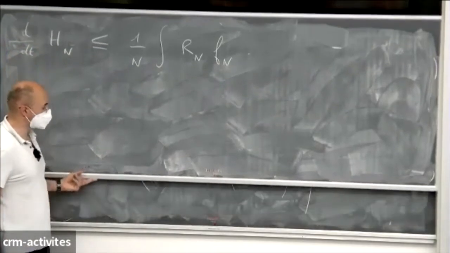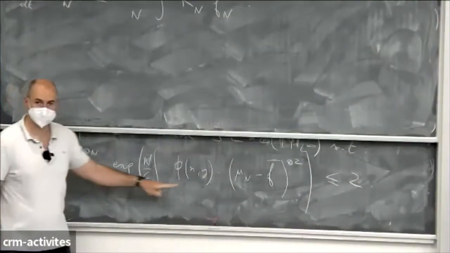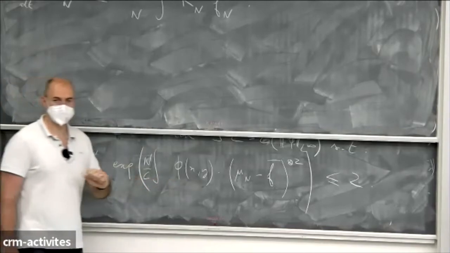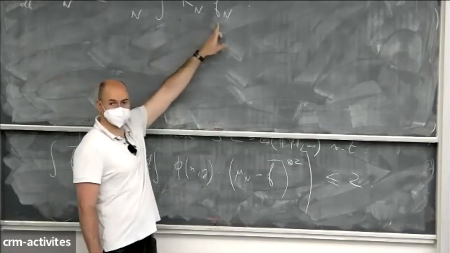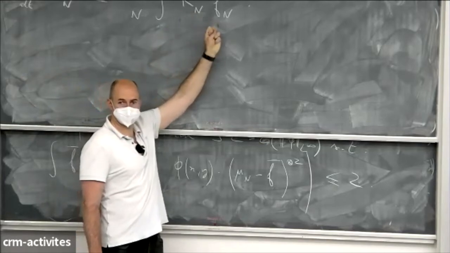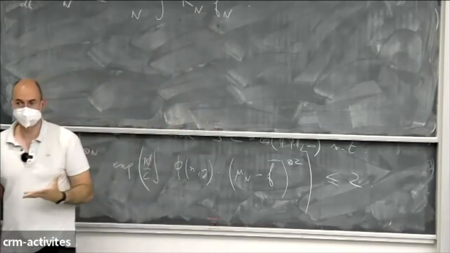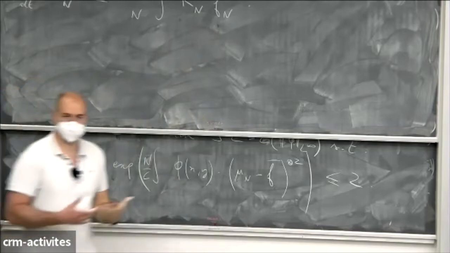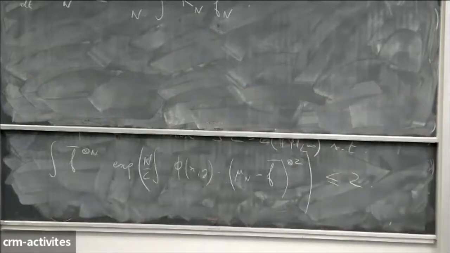And now here, I am ready to conclude. I'm going to end up using my large deviation estimate, but I just need one more step before this, right? The expectation of Rn against Fn is not good, because I don't know anything about Fn, and I cannot take advantage of the cancellations over there, right?